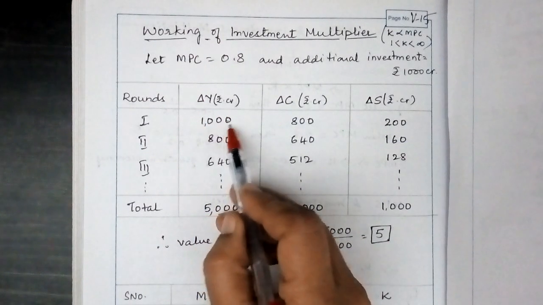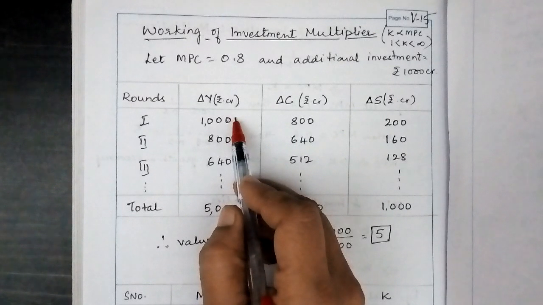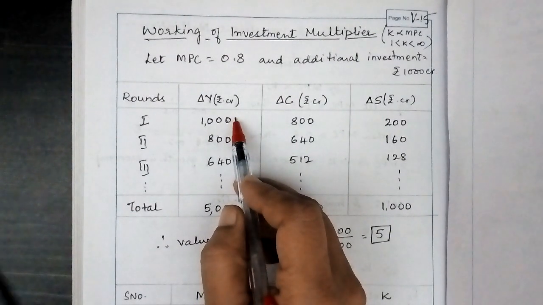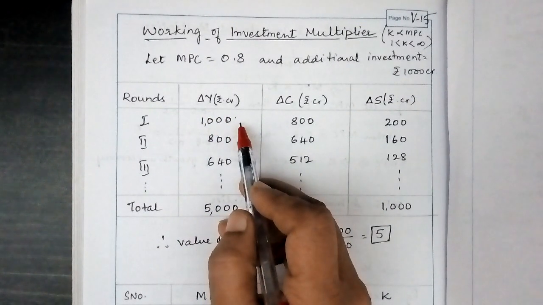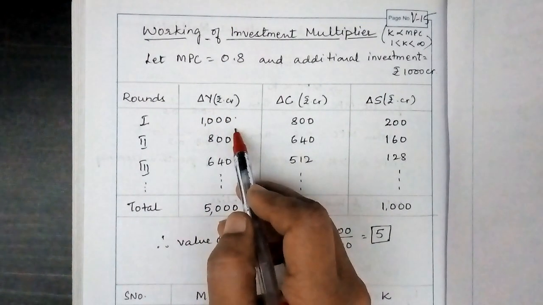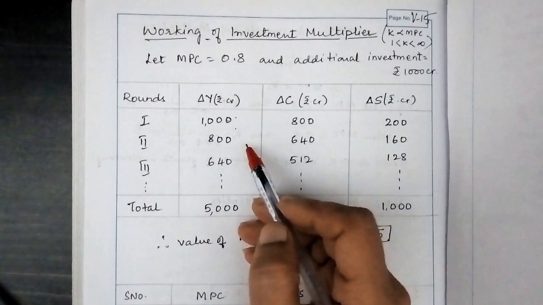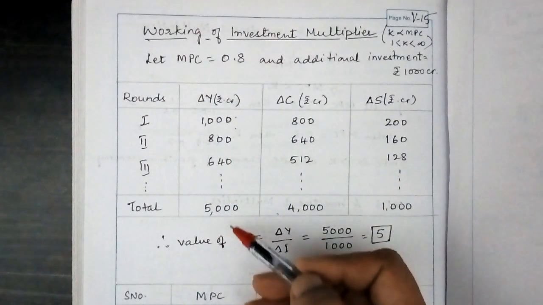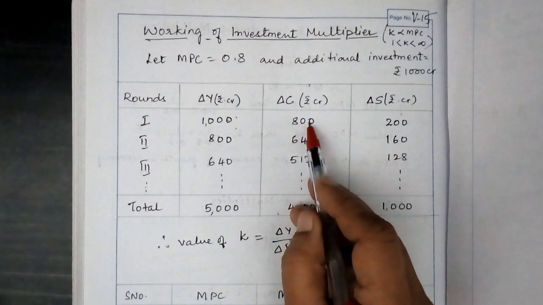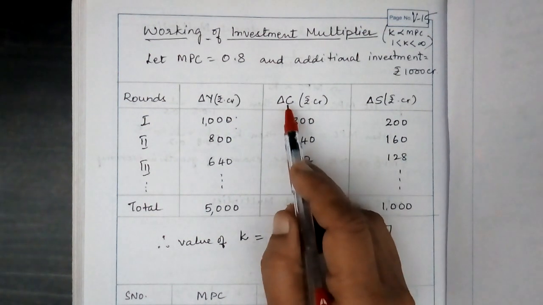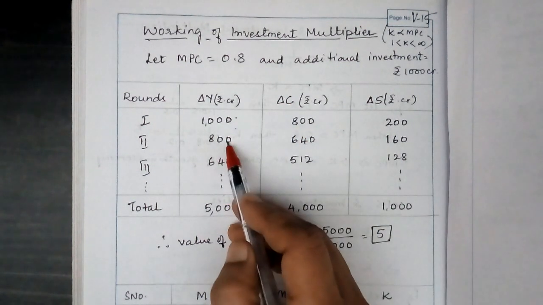Now this income will be called the primary investment. Now this investment will cause a chain of secondary consumption spending. Now this 800, which is the change in consumption, will become the income in the second round.